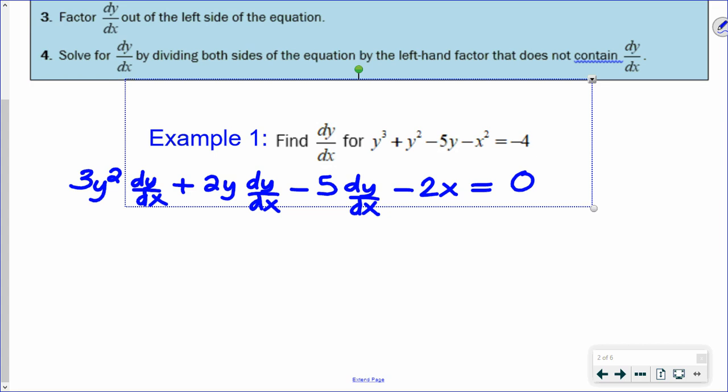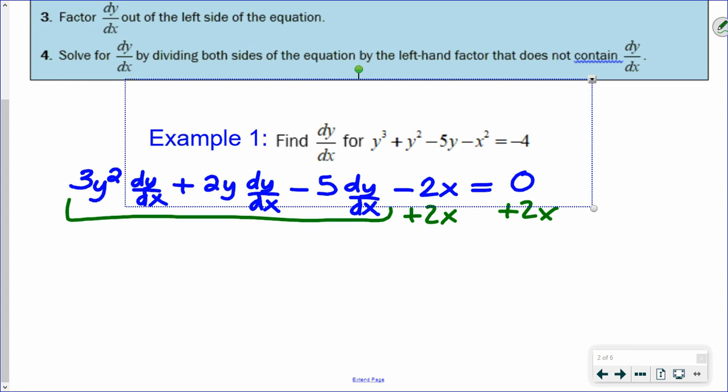Okay, now, all of these terms have a dy over dx, so we're going to keep them on the left side, but we're going to add the 2x to move it over to the right side, okay, because at this point you want to separate your terms. Any term with a dy over dx you want to keep on the left, and then move your other terms to the right.